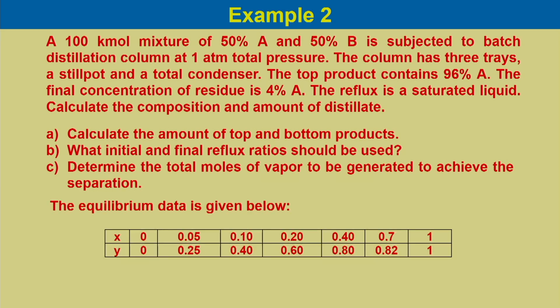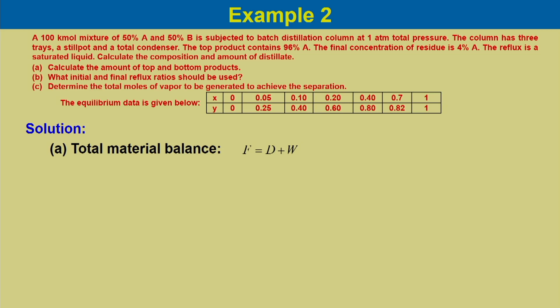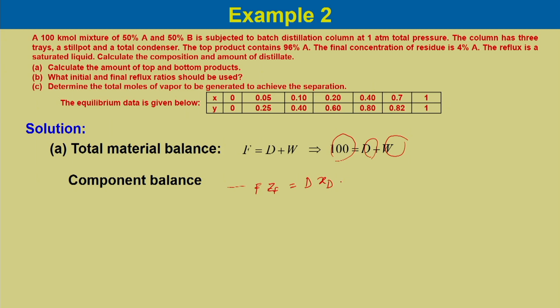So, to do that, these are the equilibrium data which are given, x and y. So, we can do the total material balance: feed is equal to D plus W, and we have feed 100 moles, so distillate and the bottom. Now, if we do the component balance, it is F ZF would be equal to D XD plus W XW.